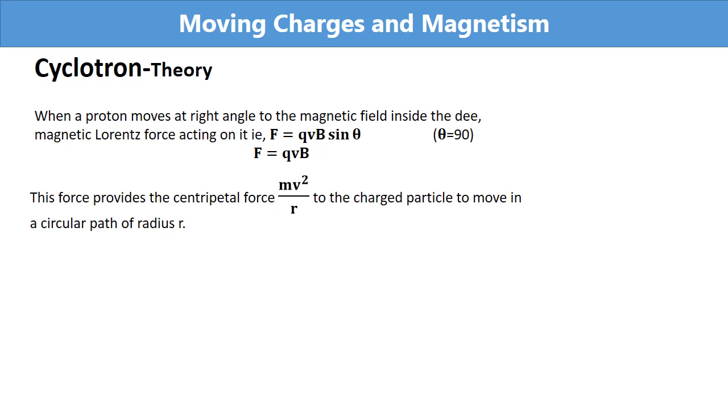This force provides the centripetal force to the charged particle to move in a circular path of radius r. The expression for centripetal force is mv squared by r. So we can write the equation like this. Rearranging this equation, you will get the expression for radius of the circular path in equation 1.